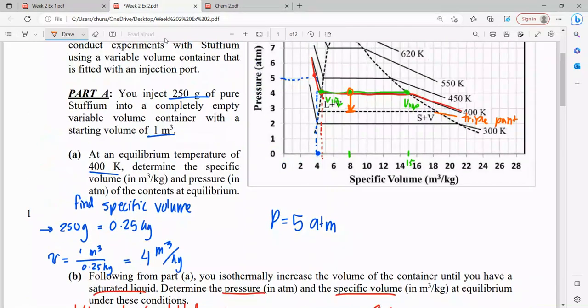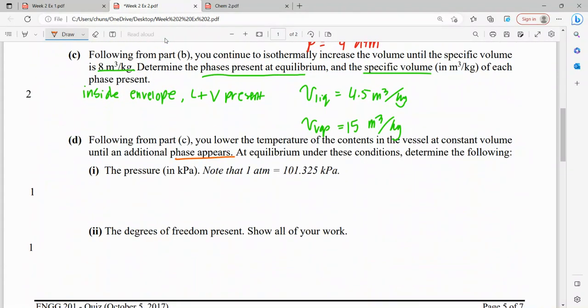So we want the pressure of that point. It's about 2.7 ATM, and that turns into 273.57 kilopascals.